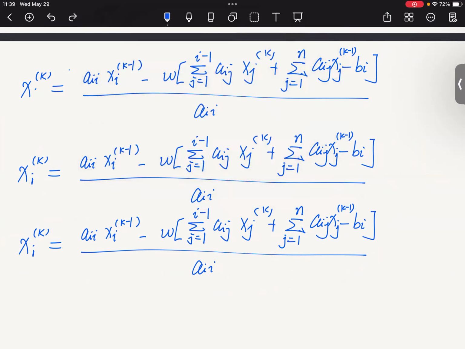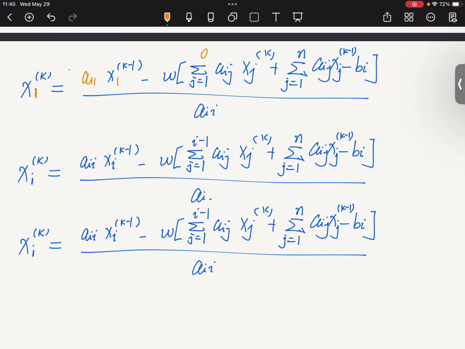So for the first one it's just x1, and A11. This one is also 1, and j equals 1, because now i equals 1. So this one should be j equals 1 to 0.